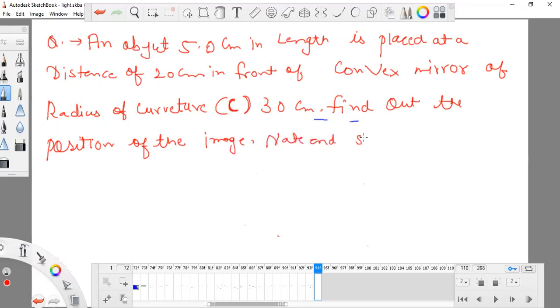Nature and size means it will be diminished or large; nature means it will be erect, virtual, real, or inverted, what type of image is forming. And the position of the image means how far it is placed from the lens or mirror. Now this is the case of a mirror.